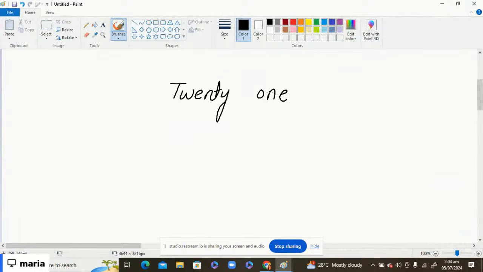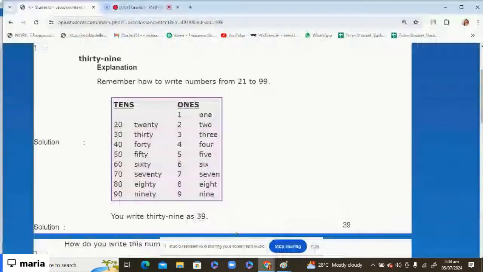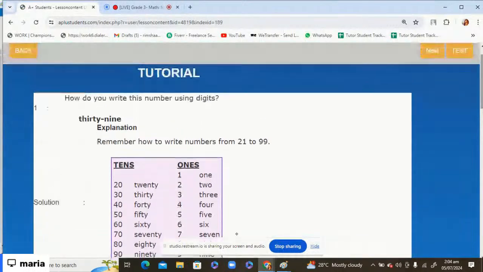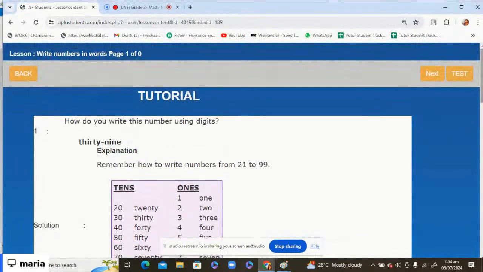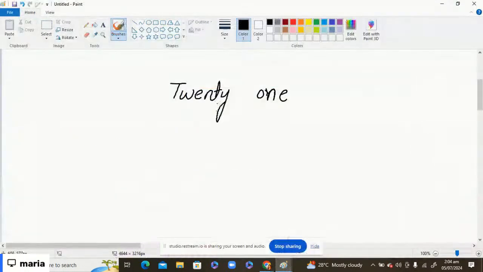Now you all tell me, how can we write 21 basically? They are saying that you just need to write it down in words. So we write this one as a digit. Tell me how we write this number as a digit.